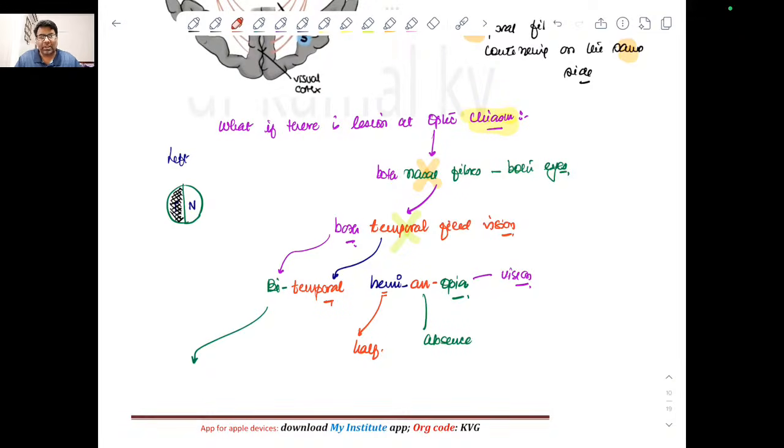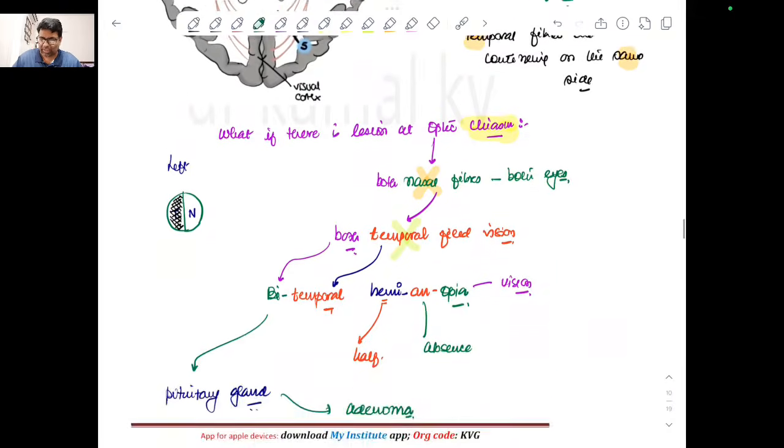So this optic chiasma is related to one gland. And what gland is that? Pituitary gland. Clear? So it is just lying above the pituitary gland. So whenever there is any tumor of the pituitary gland, it will injure the optic chiasma. Clear? So that's very favorite for exam setters.